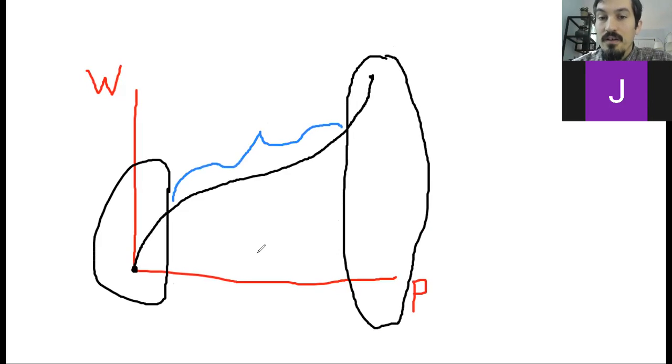And because it's flatter than a 45-degree line, we're relatively insensitive to changes in probabilities in that interior section.